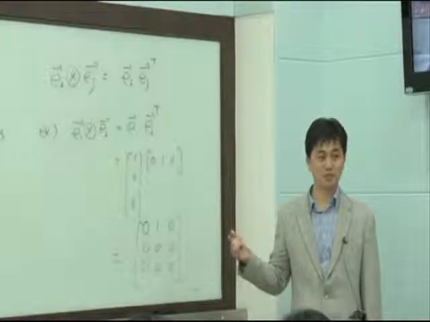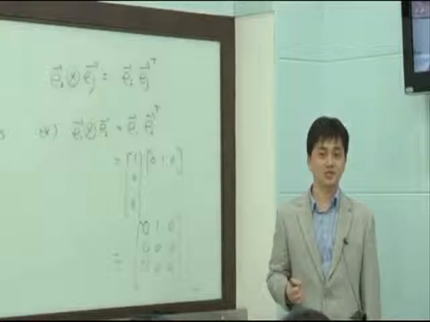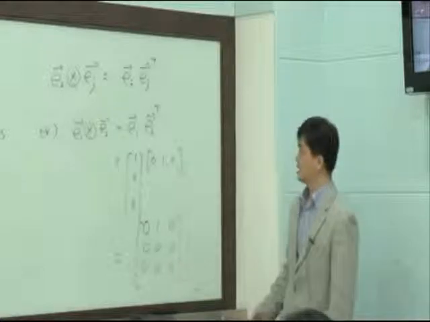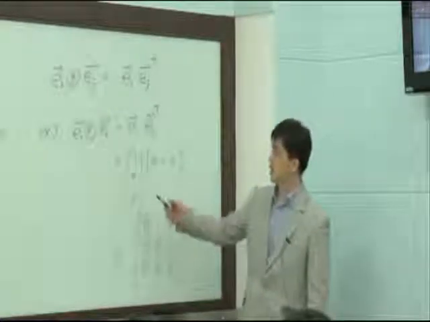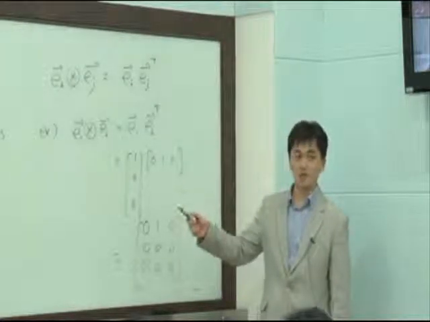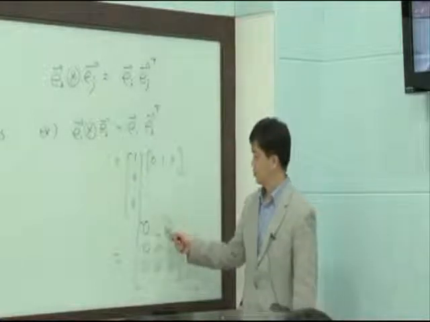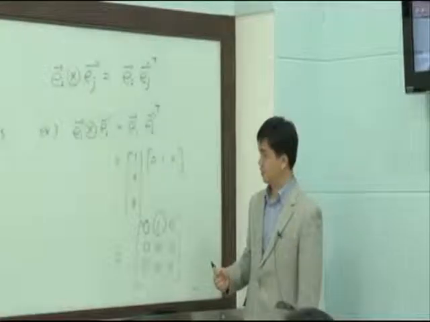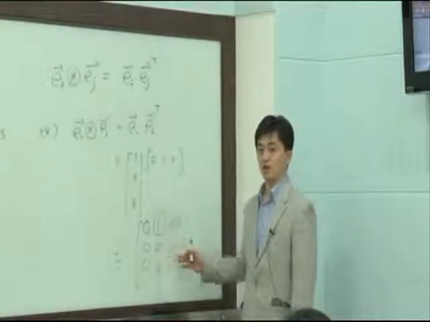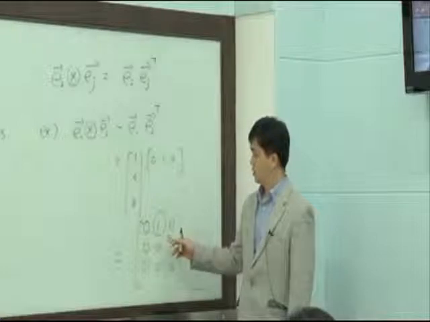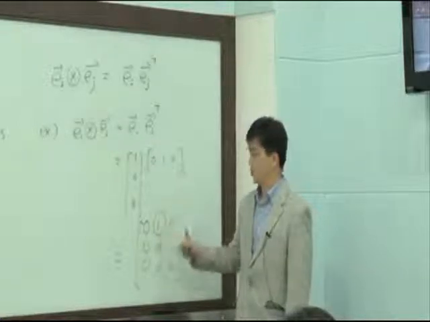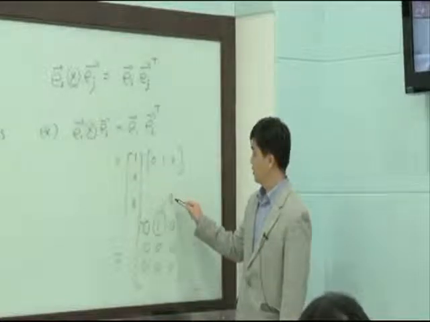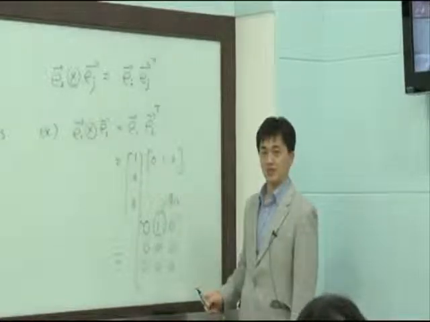How about the tensor product? The tensor product gives us a matrix, something like that. So, for example, when i equals 1, j equals 2, we have a matrix which has 0 components except for the position corresponding to A12, right?